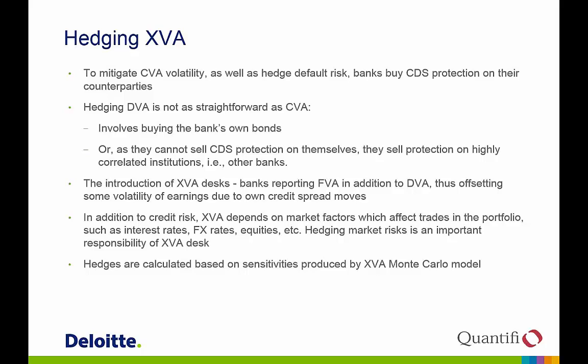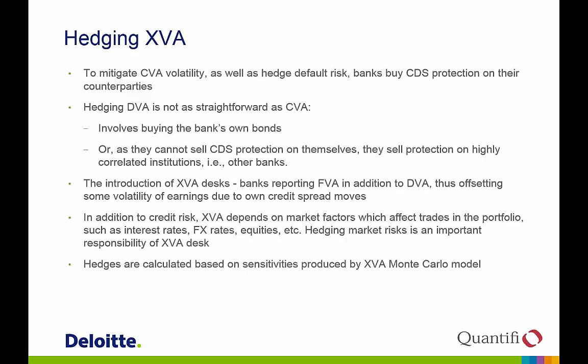How to hedge XVA? Different parts of XVA should be hedged differently. To mitigate CVA volatility as well as hedge default risk, banks buy CDS protection on their counterparties. Recently, CDSs became less liquid, and most of the hedging is done with indices. Hedging DVA is not as straightforward as CVA.